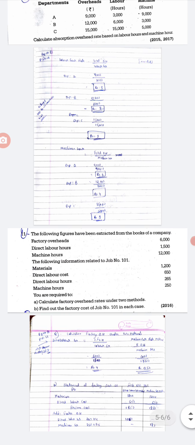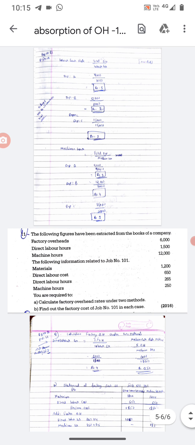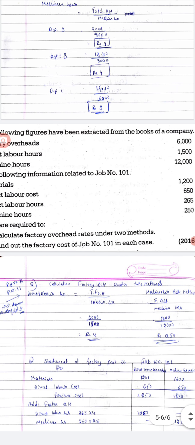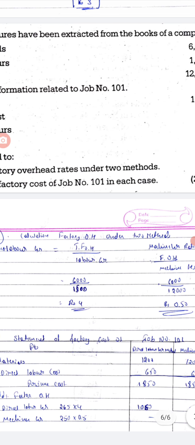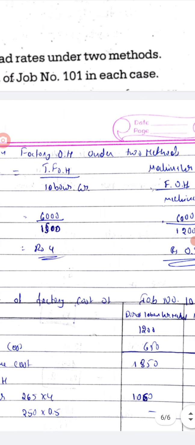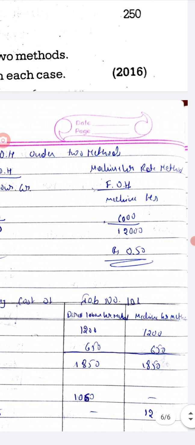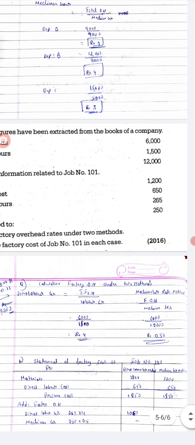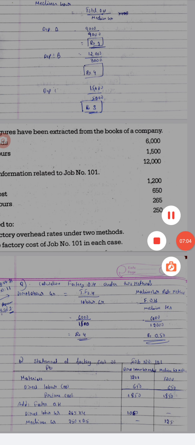So here he has solved it, but he has not totaled it. So you please total it. You have to total it and then write the answer. So 1850 and 1050 here, and 1850 and 1200. So total you have to write. So in this way we are going to solve absorption rate problem.